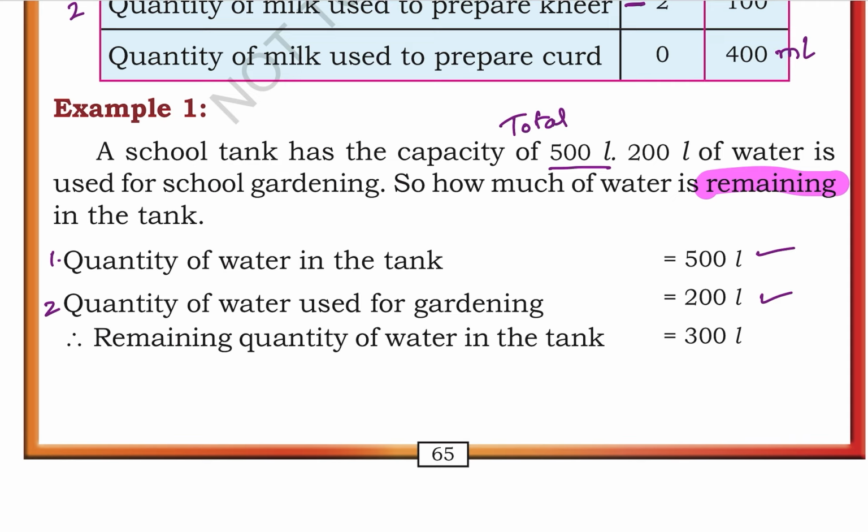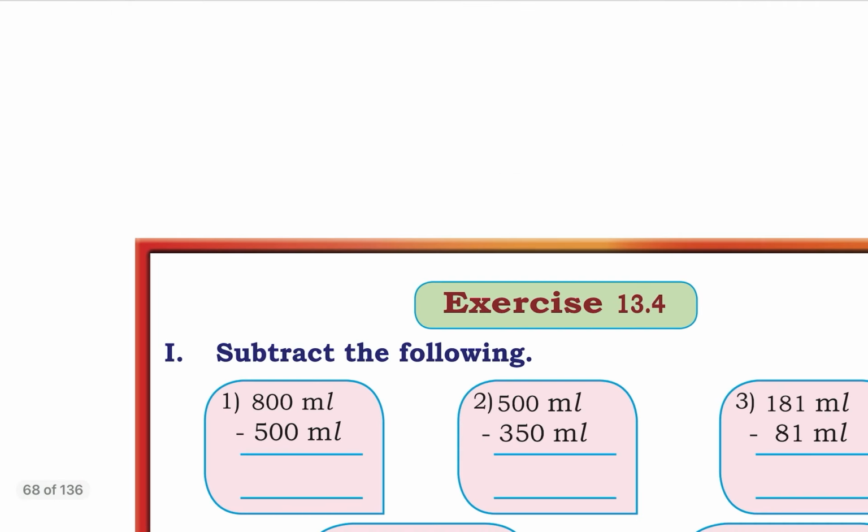We subtract whatever water is used for school gardening from the capacity of the school tank given. Then we will get the remaining quantity of water in the tank. 500 minus 200 is 300 liter. Mention the unit liter. Got it, students? Okay. Move on to the next page.